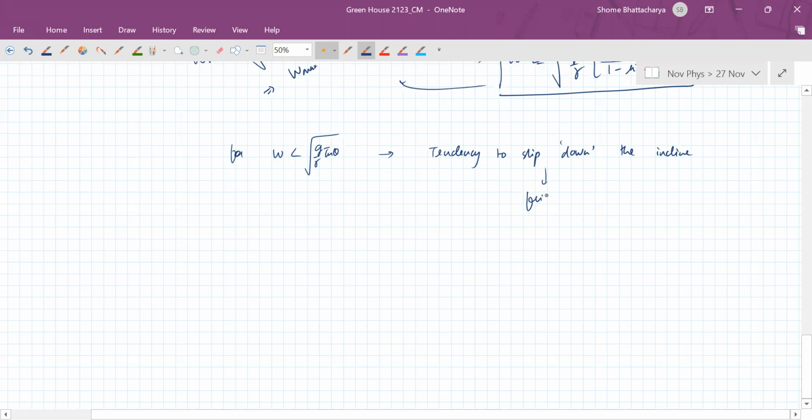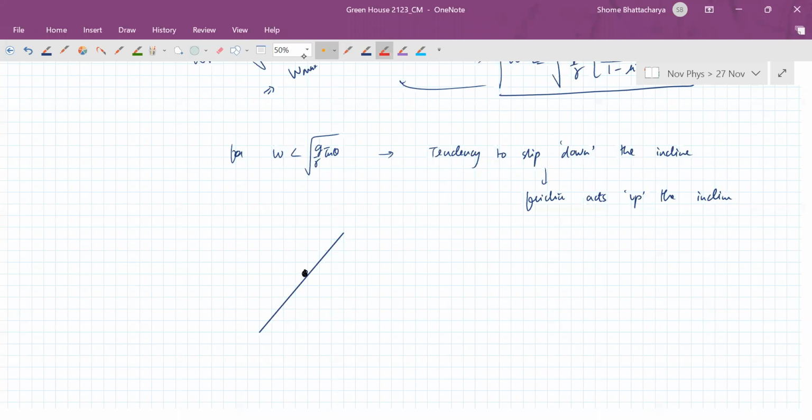So friction acts. Now, when we are doing the calculation, we can just simply incorporate the fact that there are the same forces, same equations, just the direction of friction is reversed. Rest everything is remaining the same.